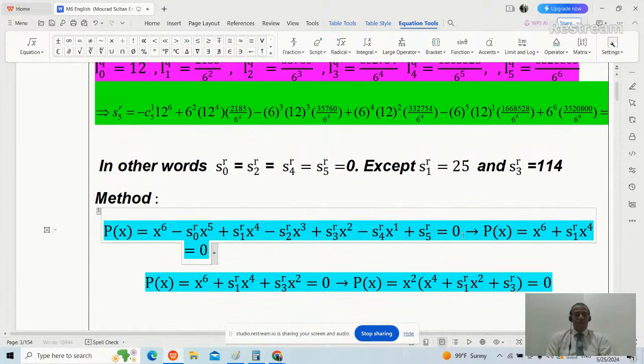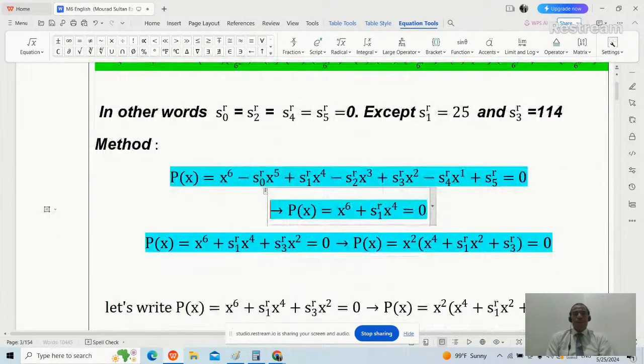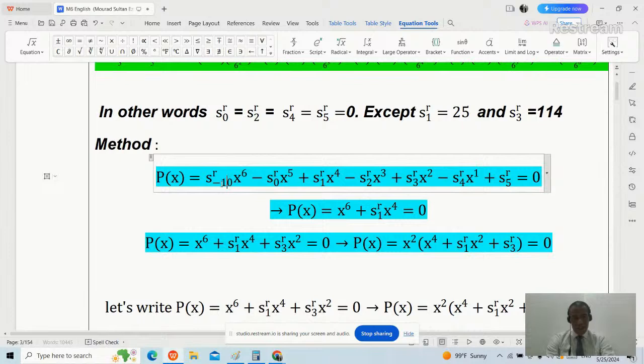So learners, we can see that the new polynomial raised to the power 6 is x to the power 6 minus, in fact it is written like that, but we don't need to write this one, though I will explain it for you. This is minus 1 of r. The beginning is 1, so no need to write it.